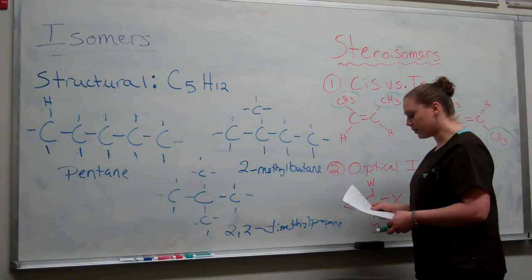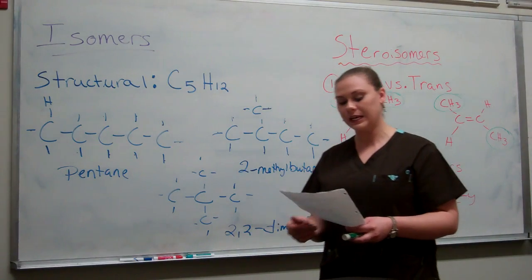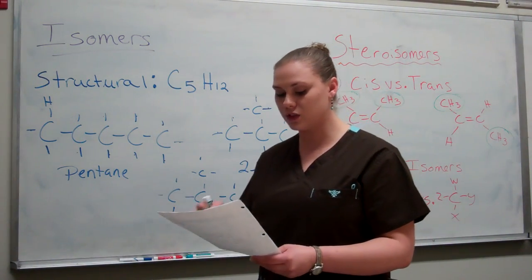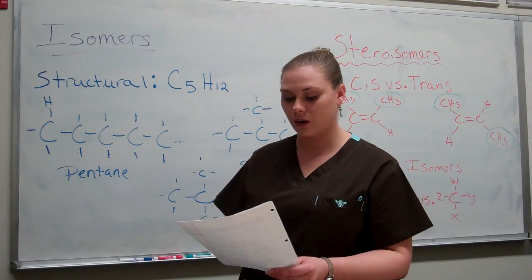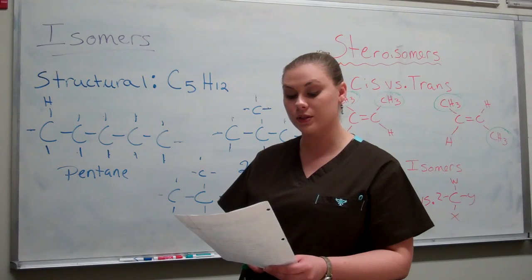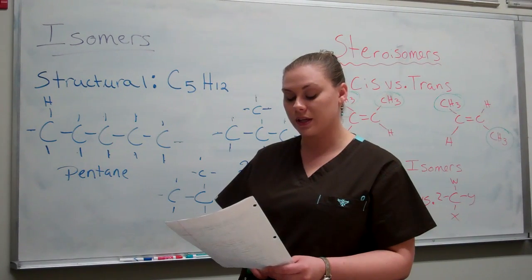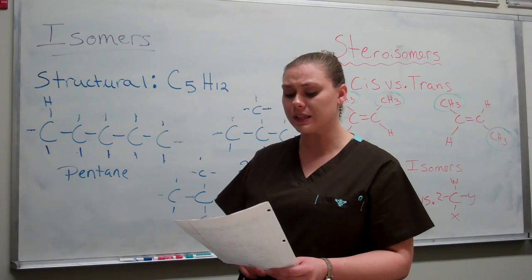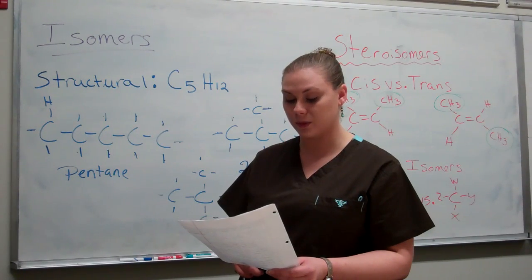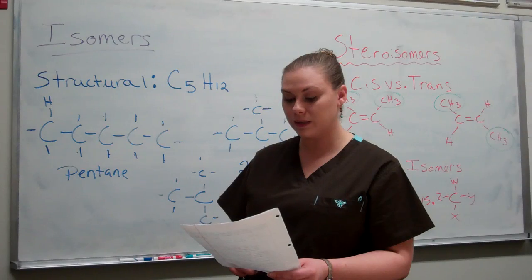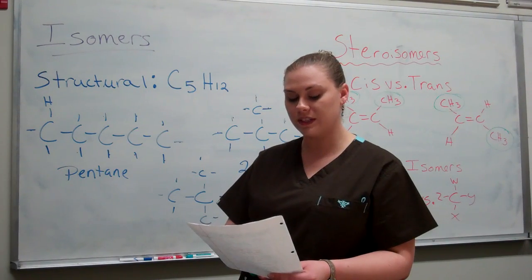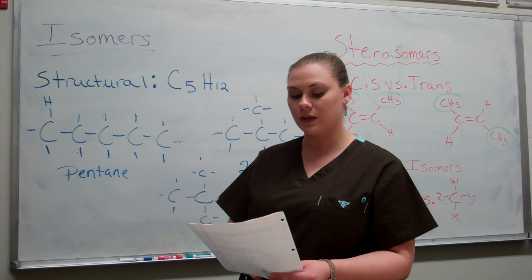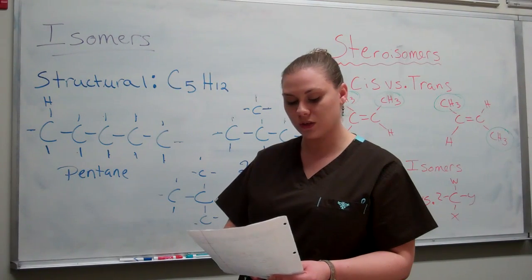So if you look on my notes, still on page 13, at the bottom there, it gives you 3 options, A, B, and C. And if you notice, they're circled in different colors. The first option that you're given shows that this is going to be a geometric isomer because it's flipped at the double bond. So you see how up top here on the left-hand side there's an F, and on the right-hand side there's an F up top, and there's an H on the bottom and an H on the bottom.